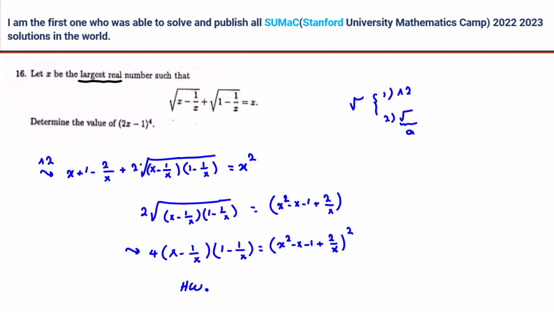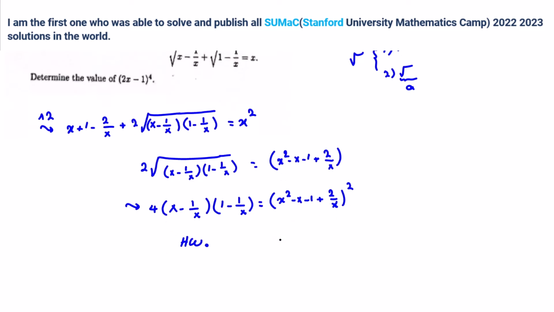So x plus 1 minus 2 over x, plus this, 2 times this is x squared, and then 2 times this we took all things to the right hand side, minus x minus 1 plus 2 over x, then we raised to the power of 2. For this, we reached this part, right? Okay. Yeah.